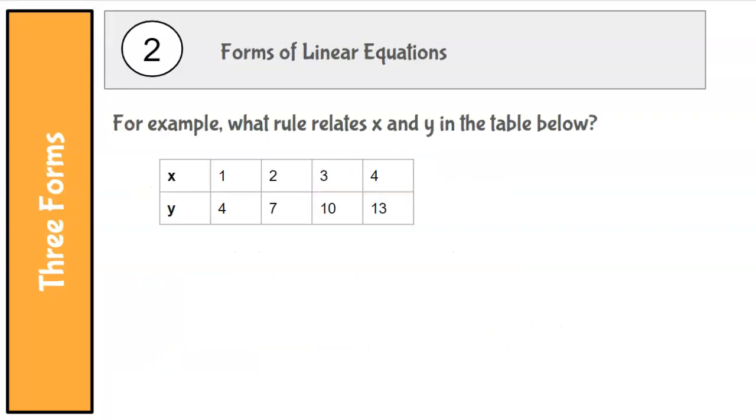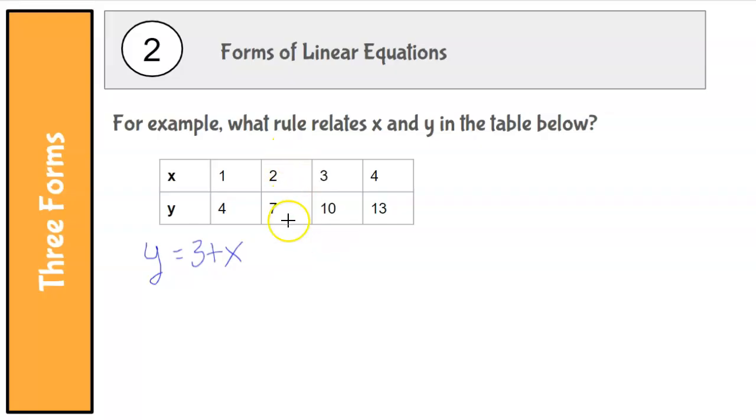So take a look at this. For example, what rule relates x and y in this table below? Well, in the first pair here, I can see that y is 3 more than x. Okay, so this 4 is 3 more than 1. So maybe the rule is y is 3 more than x.